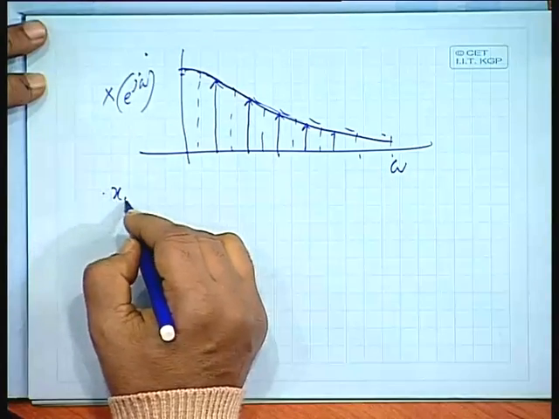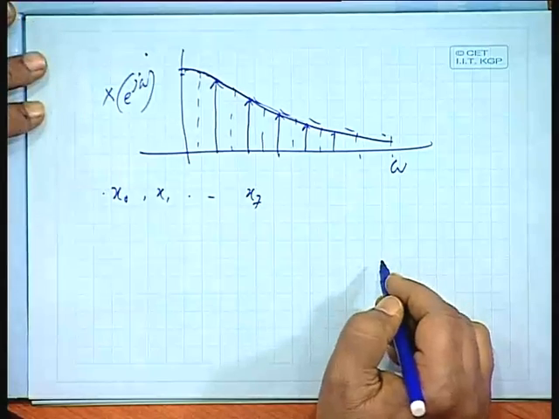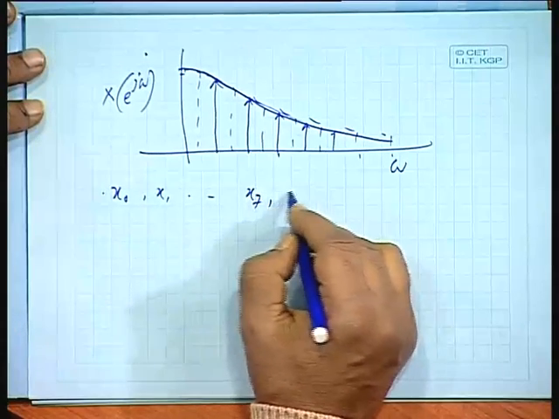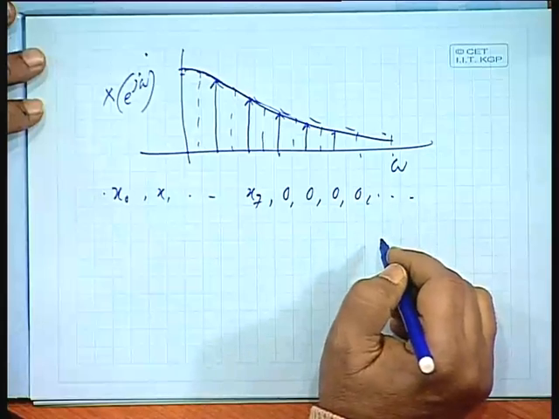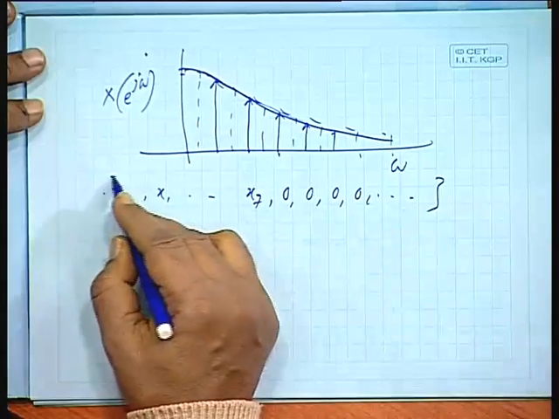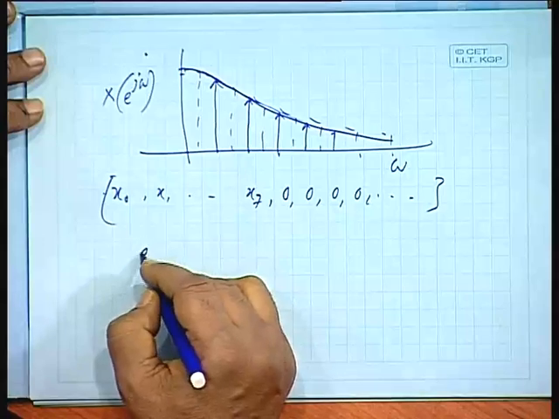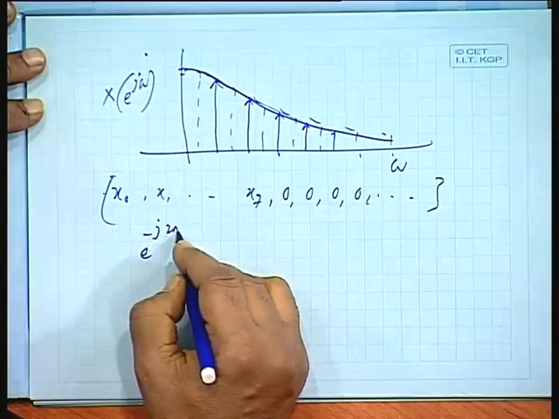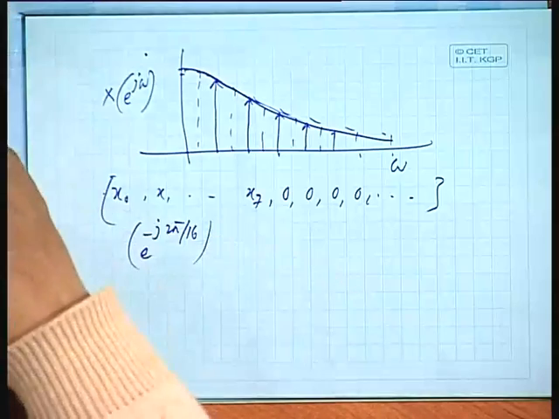So, x0, x1 up to x7, there are 8 points given to you. There is no harm if I put some more zeros, 8 more zeros. So, that becomes a 16 point sequence. Okay. Now, my multiplier will be e to the power minus j 2 pi by 16, the basic element will be 2 pi by 16, 22.5 degrees. I will keep on doing that and then I will get 16 components, alright.